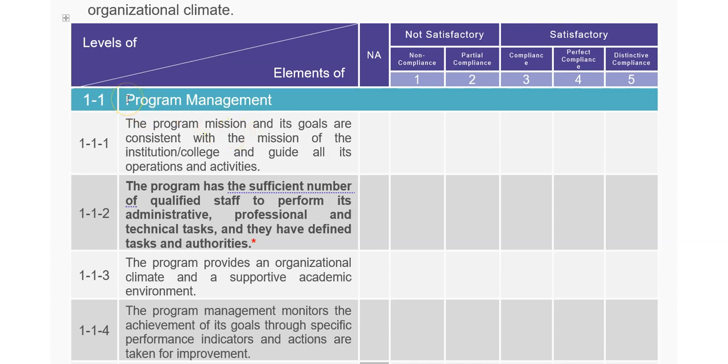Now let's start with substandard one, program management, and with the first criterion, which is about the mission. As you know, in the old standards, the mission and objectives were in one separate standard, number one, and the new standards removed standard one and replaced it, so standard two became standard one, but they added some criteria from the mission and objectives in this standard.